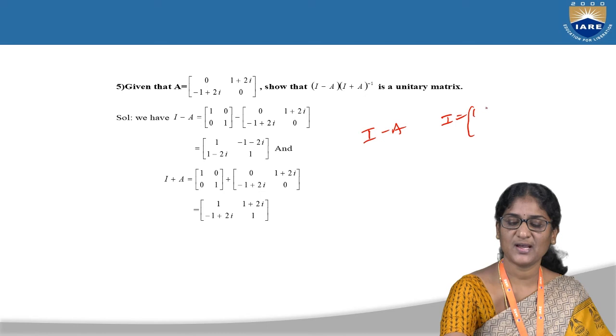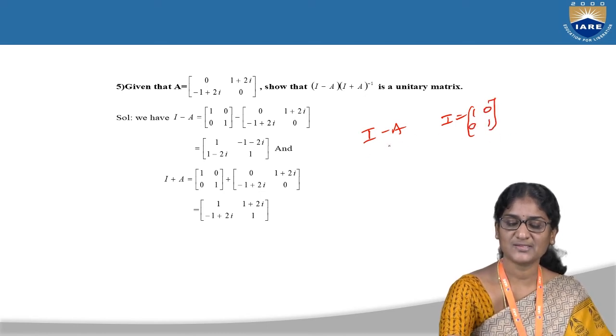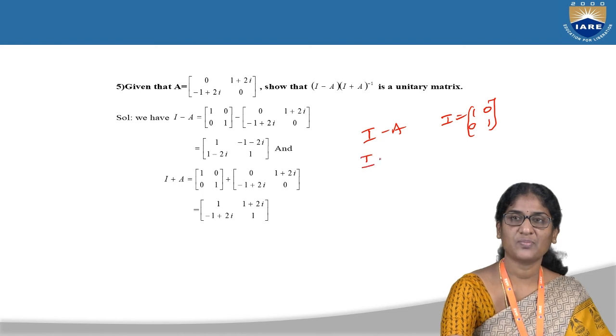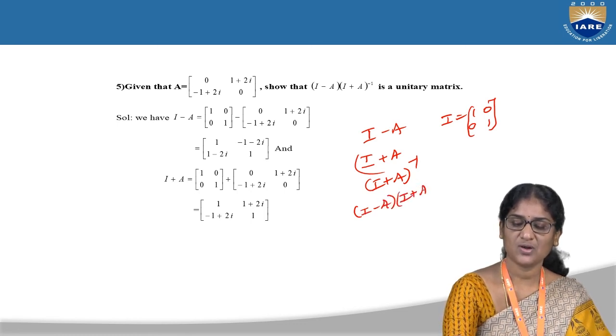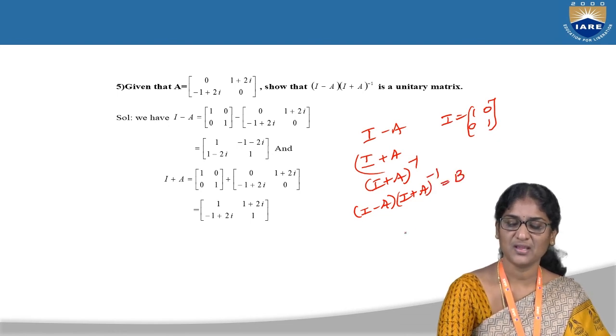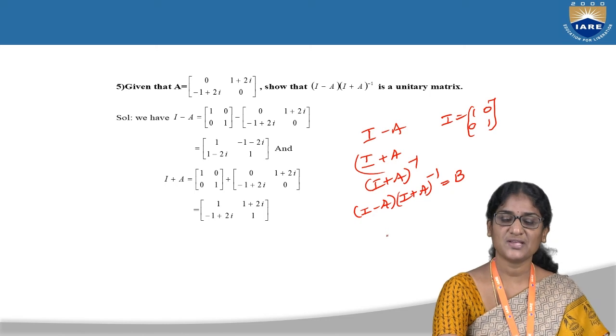First you find out I minus A. Now you find I plus A. Then you find out the inverse of I plus A. Now you multiply I minus A with (I plus A) whole inverse. You are going to get a new matrix. You represent it with matrix B. Now we have to show that B is a unitary matrix.